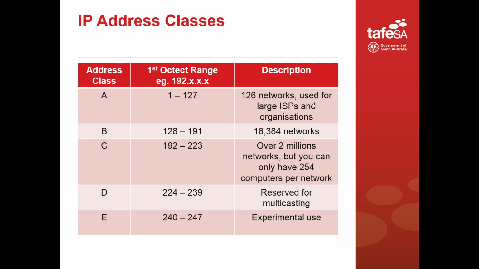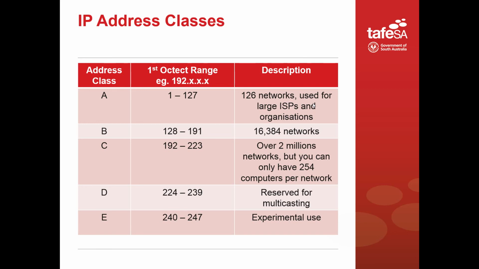Now, what happened when the classes were first designed? They figured that they had heaps of addresses, or something new would come along before they would run out. At the time, the IP addresses were allocated quite excessively. Now we're actually running out, and we have actually run out of IP addresses.